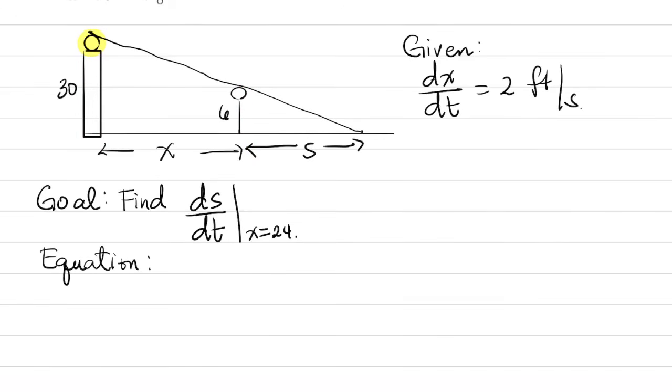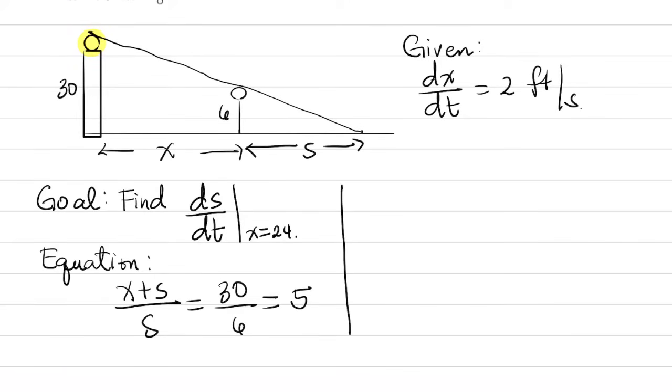Okay, so that is (x plus s) over s is equal to 30 over 6. Now, we simplify 30 over 6. What is 30 over 6? That is 5. Okay, so now if we cross-multiply this, what do we get? We have x plus s equals 5s.